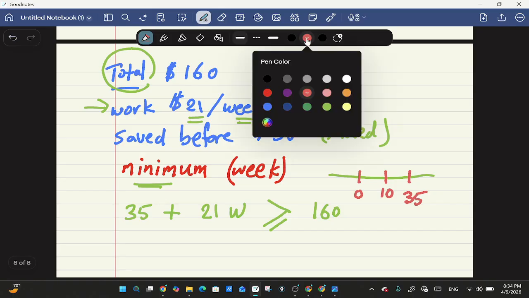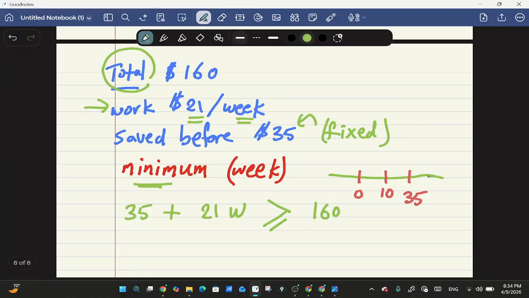But when he keeps working after the 35 and earns $21 weekly, he will reach the 160. If he reaches 160, and here is the equality, he can get the ticket, but at the same time he can work more.